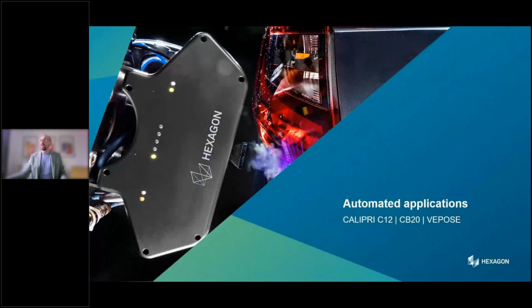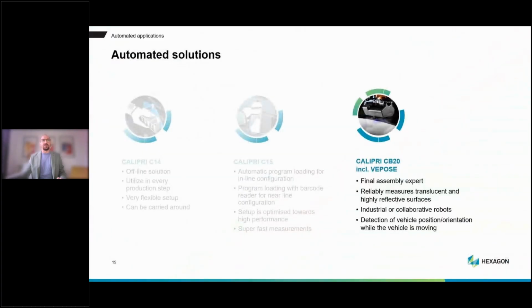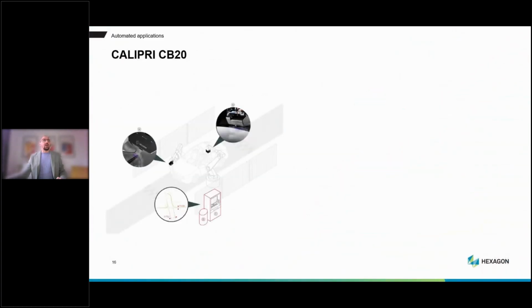So finally, we come to our automated applications. CALIPRI C12, okay, we just talked about it, will now be CALIPRI CB20, CALIPRI CB20 CB, which is the final assembly sensor, and VPOS as an add-on for vehicle detection. So how do our applications look like?